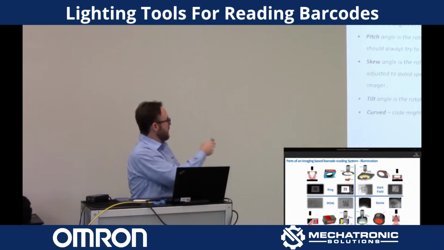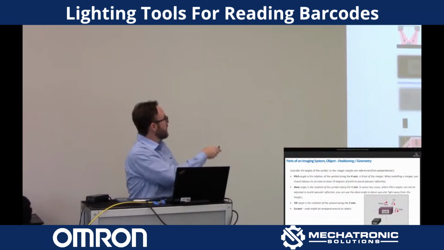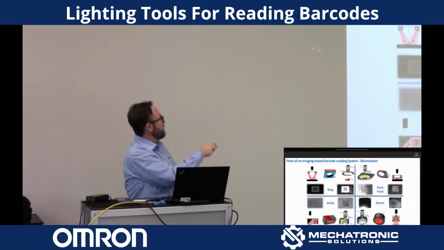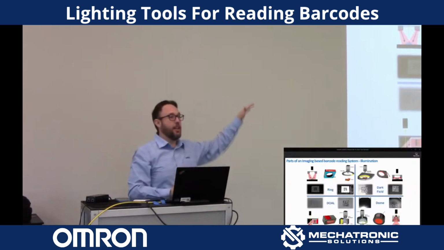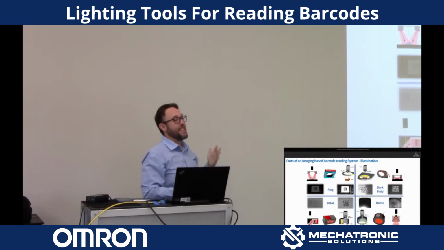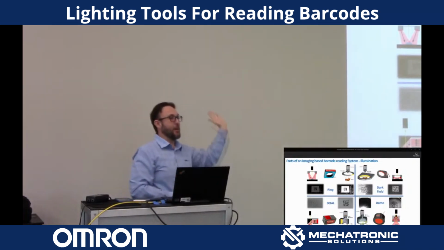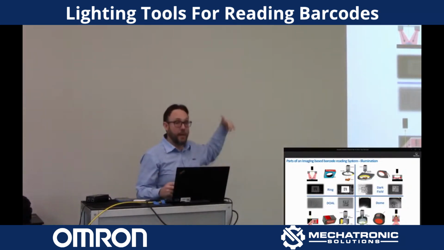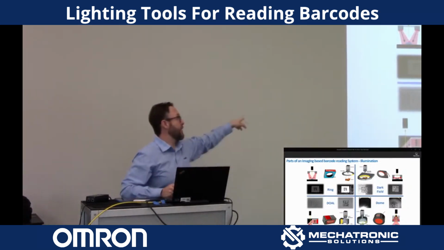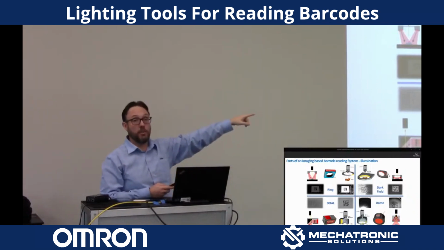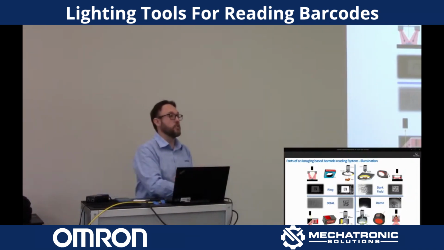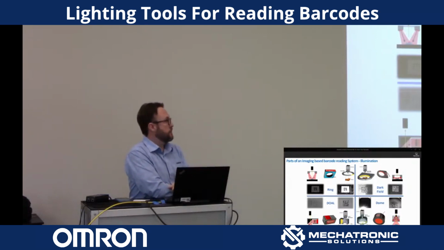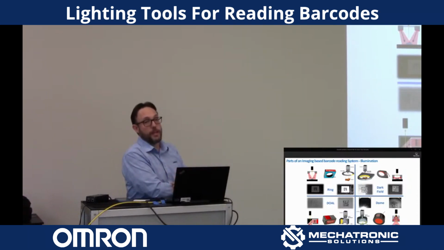If we had a V, and then the coating came in and filled it so it's more like a low pool, now that idea of using the direct reflections to go off in either way is out the window, because now we have a gradual curve. So now we have to look at the other types of lighting like dark field in order to handle that curve of the surface and not see that light. So you can see even the same code, depending where you are in the process and how you create the process, is going to change how you want to read that code.